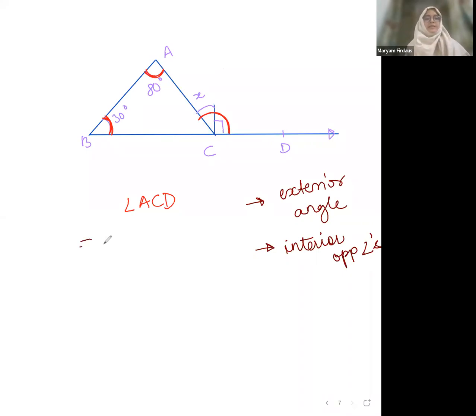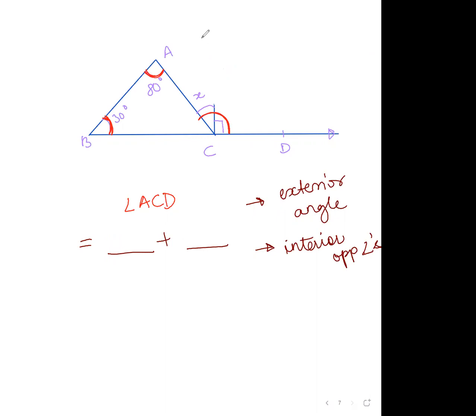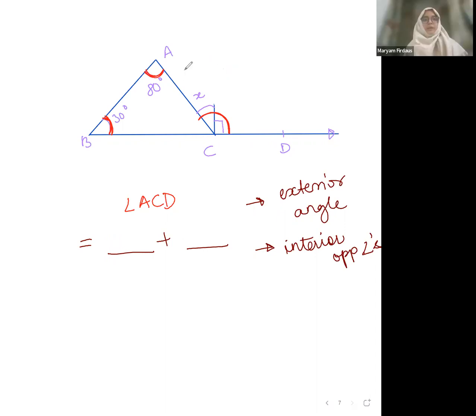Angle ACD consists of two angles, right? Something plus something. Angle ACD has two angles in it. Which are those two angles? A and C. No. A is this one.